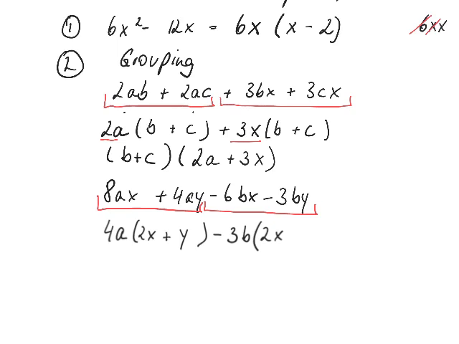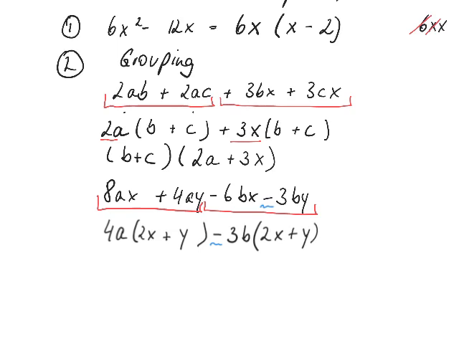Now, because I've taken out a minus here, I have to change this minus now to a plus, because minus divided by plus is a minus. So that now becomes a plus. So 3by, I've taken out 3b, I'm only left with y.